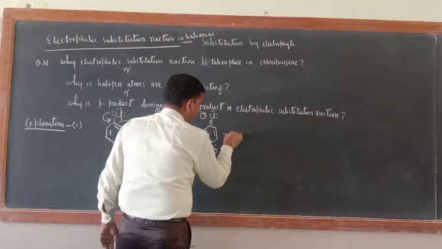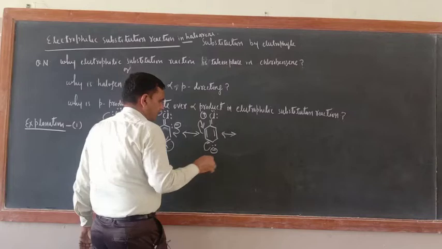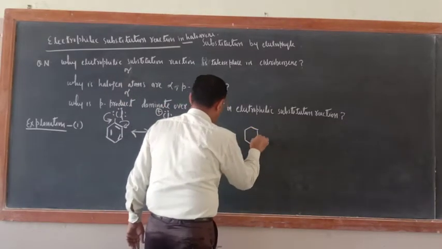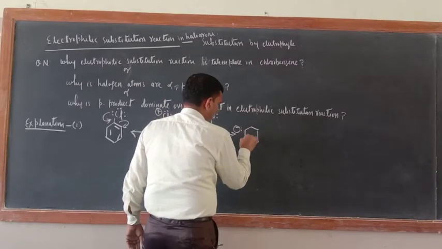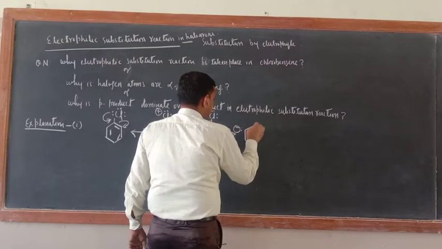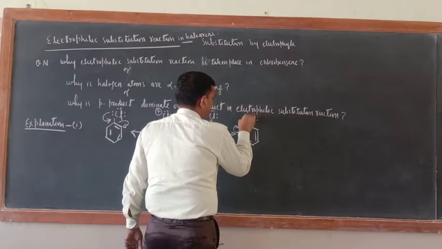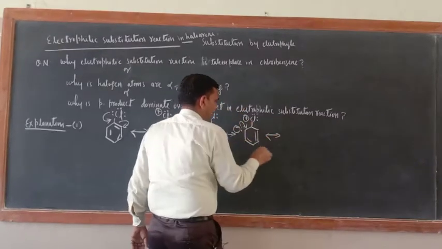Now the next one is this one and this one. Just see, the next resonating structure would be like that. 2 electrons are here, now here a double bond, here Cl with a positive sign. The next resonating structure will come here.